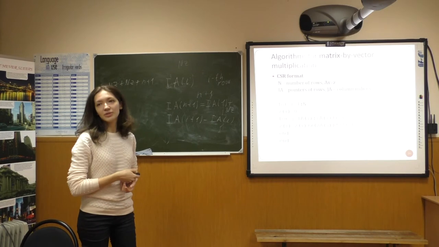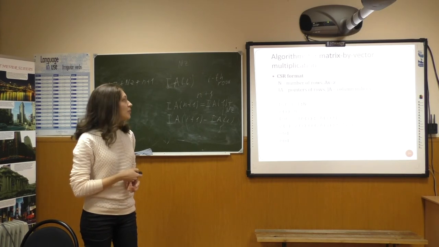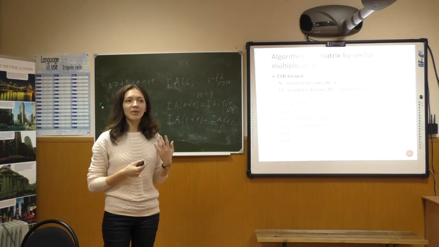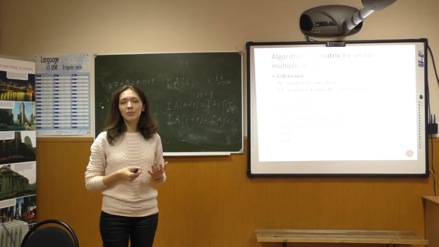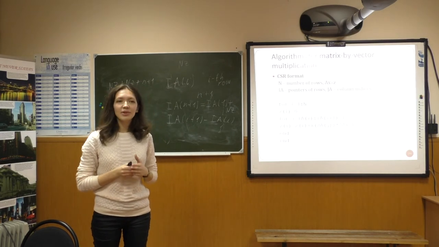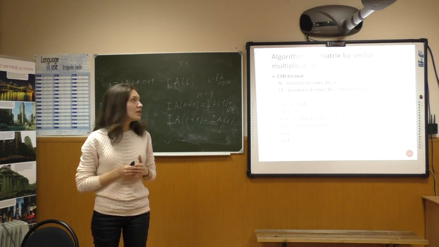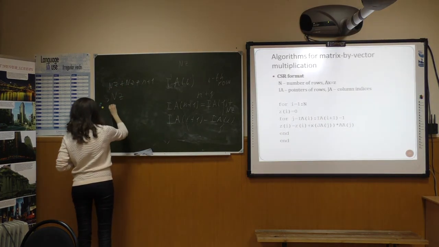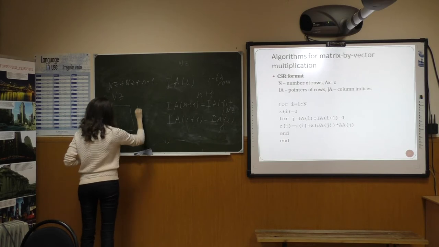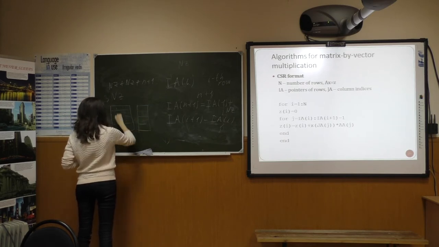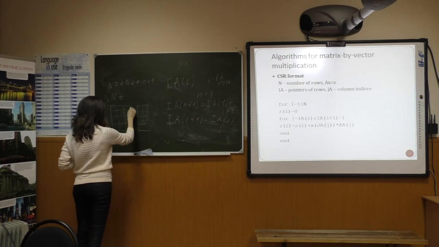Why is this algorithm so important? Because matrix by vector product is an operation which is commonly used in almost all iterative solution methods, and it is a very expensive operation if we store our matrix in dense format.